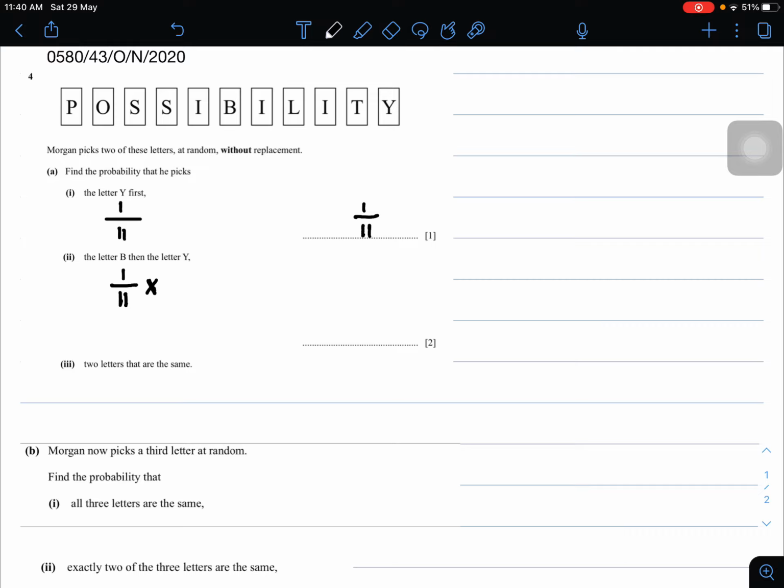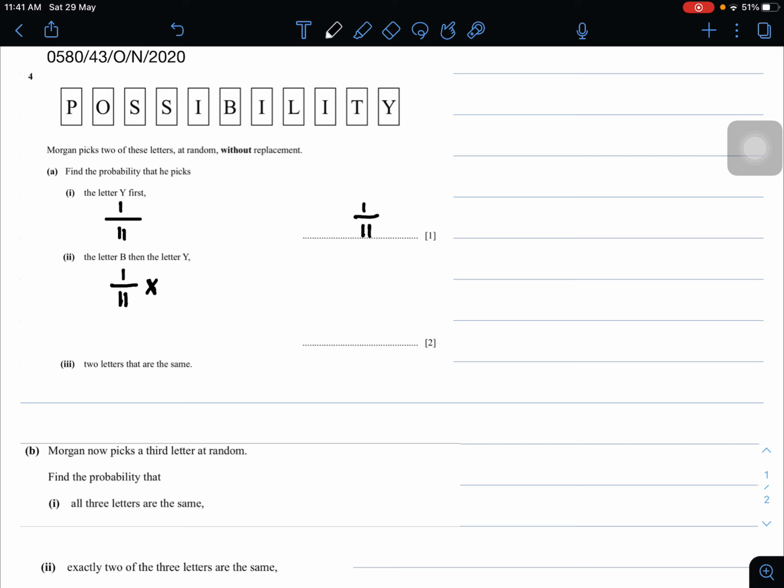Now, the letter Y. The probability of the letter Y we calculated in A part 1. But in this case, there will be a slight change, as they have said without replacement. So, there are only 10 letters left now, as B is removed, as it is already picked in the first go.